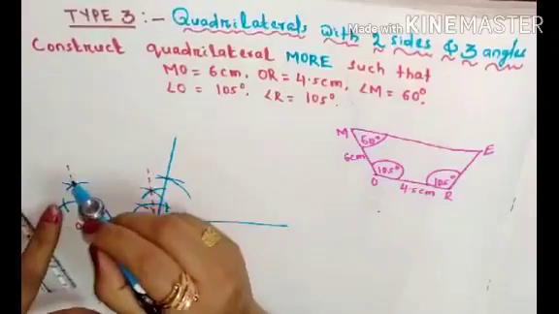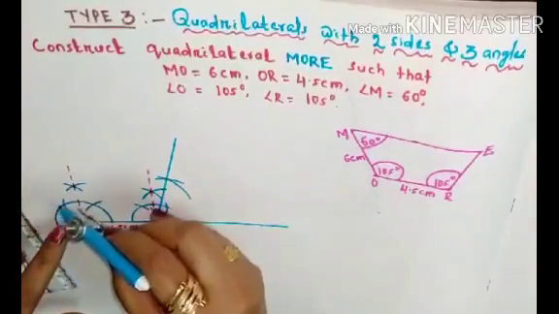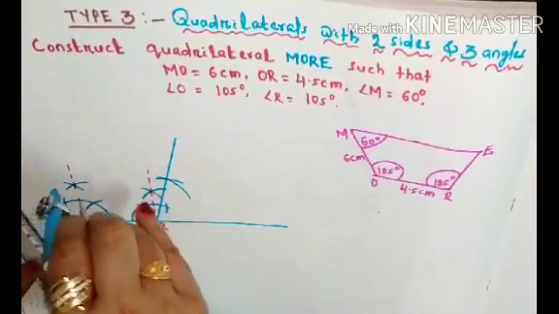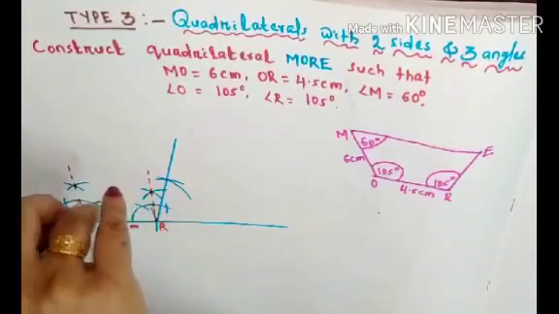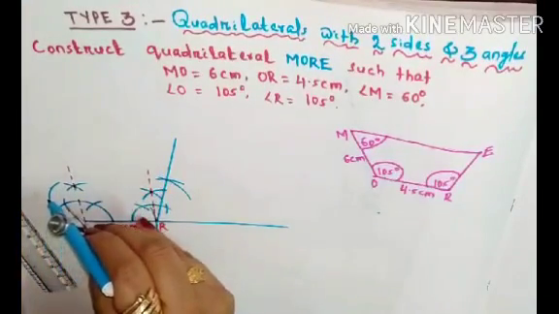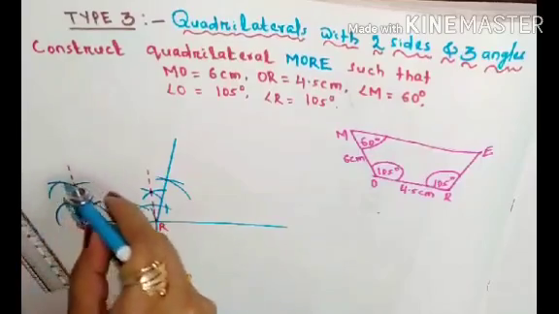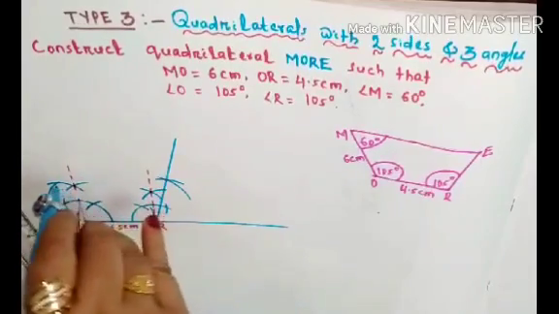Again I have to bisect 90 and 120. So taking 90 as a center, I have to draw an arc. Taking 120 as a center, I have to draw another arc.